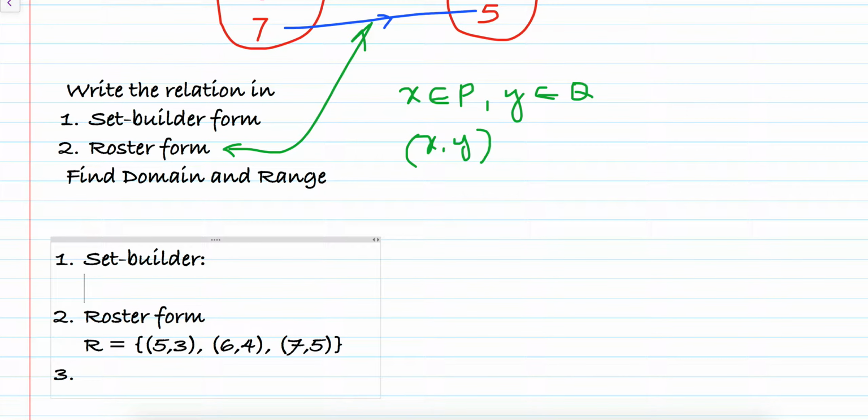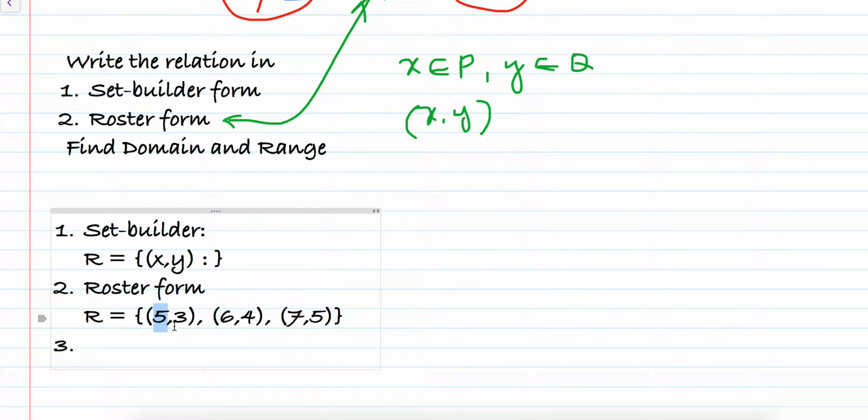So R, we have to write xy and then the condition. So the condition is that this first element is 2 more than second element. So this y, second element, is 2 less than x. So y is x minus 2.